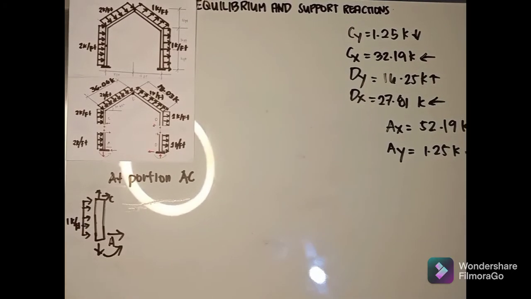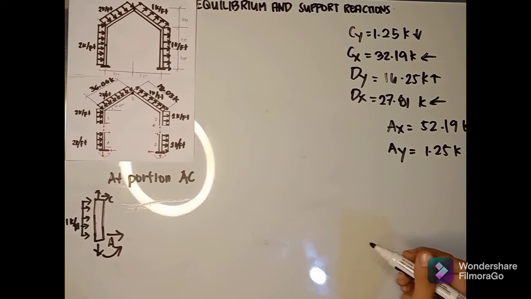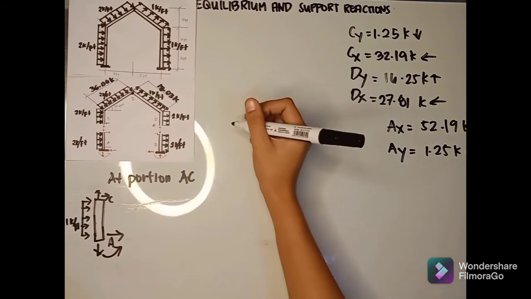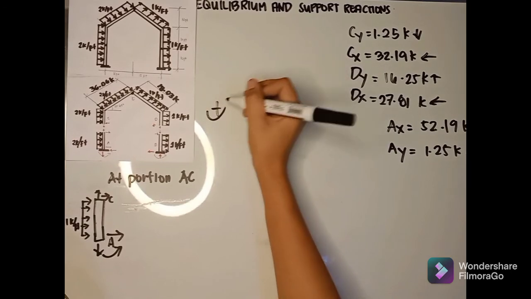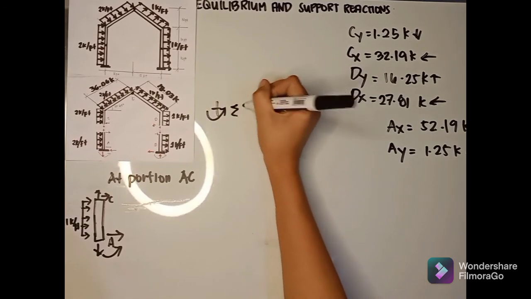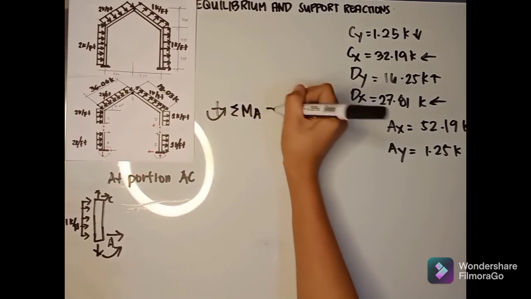Now that we have the horizontal and vertical components of point A, we are now ready to find the moment at A. Okay, so counterclockwise is positive. Summation of moment at A is equals to 0.